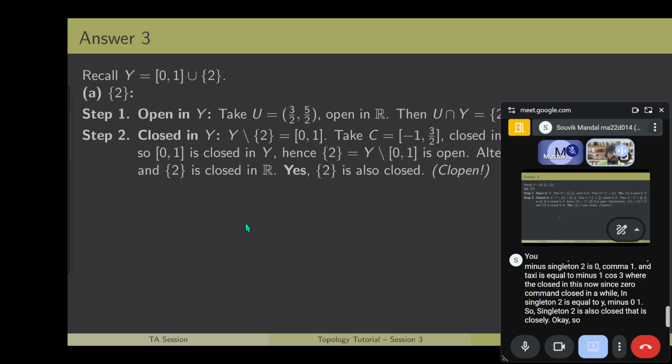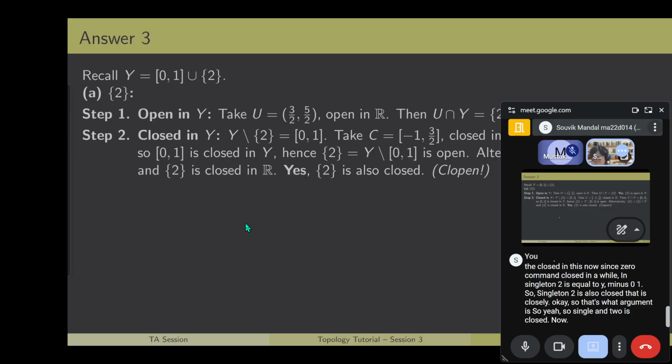Okay, so that's what the argument is. So singleton {2} is closed.